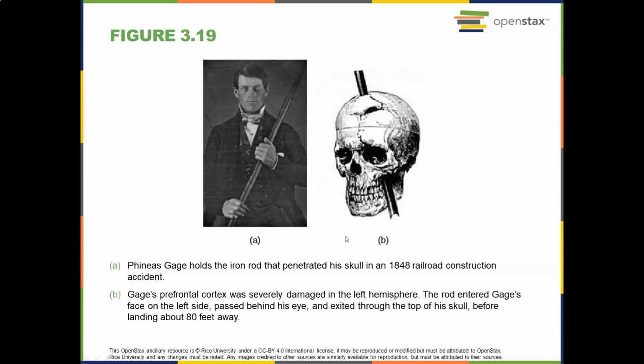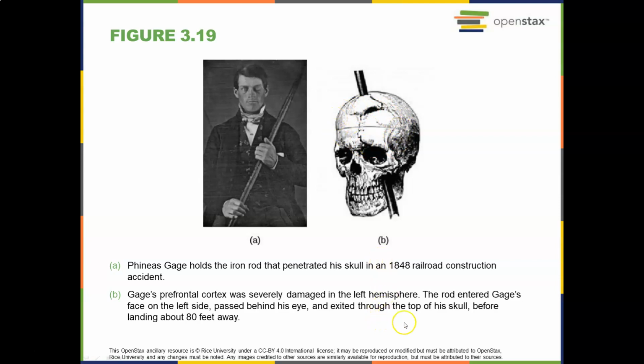Now the thing is, he survived that, and he got up and he said, "Hey, I'm okay," and I'll make it, and he was okay for a while, but then he started experiencing some different types of thinking and behavior. His personality changed because the front part of his brain was damaged.